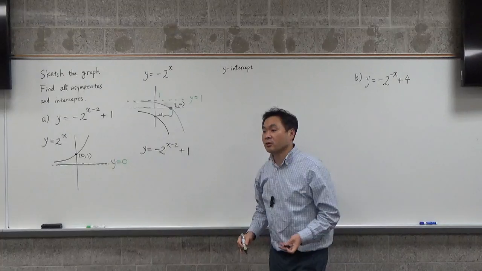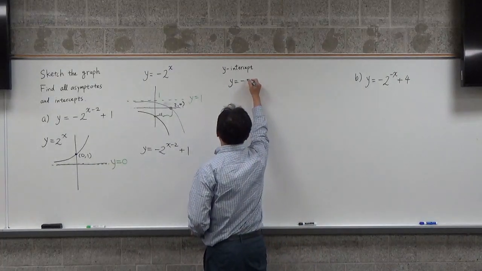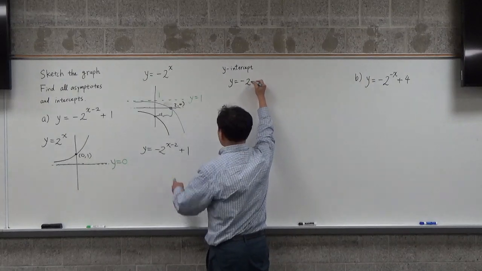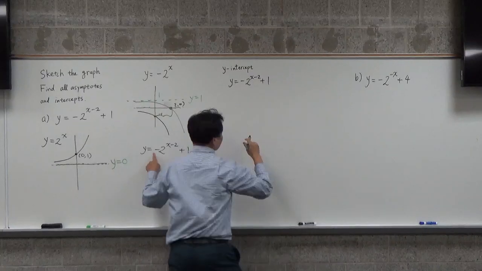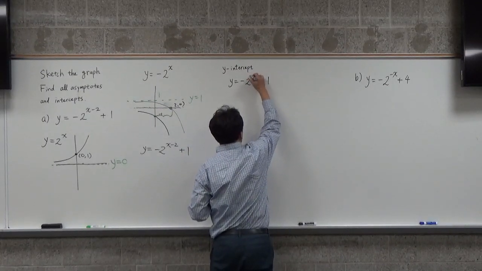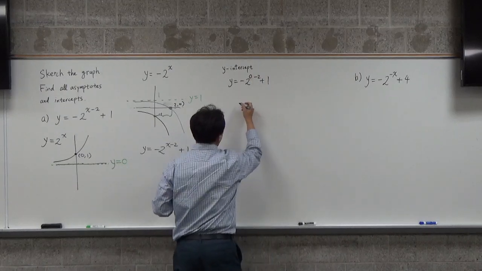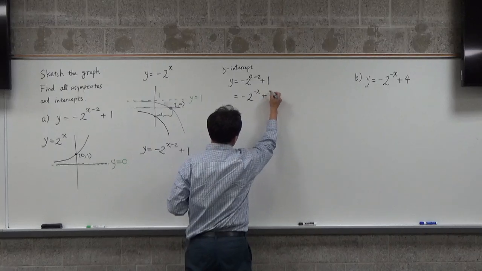Set x equal to 0. You take this equation here, you set x as 0, and that's going to be negative 2 to the negative 2, plus 1.